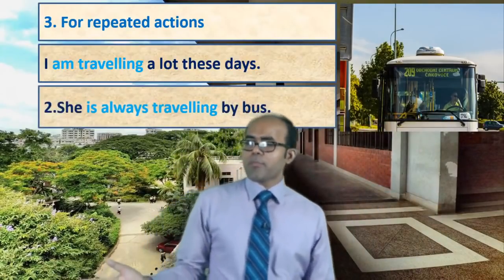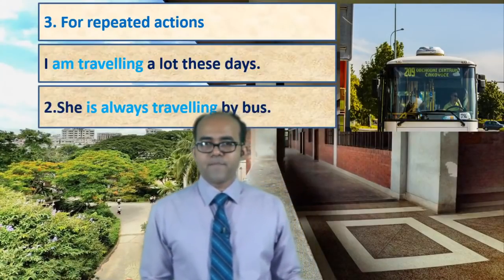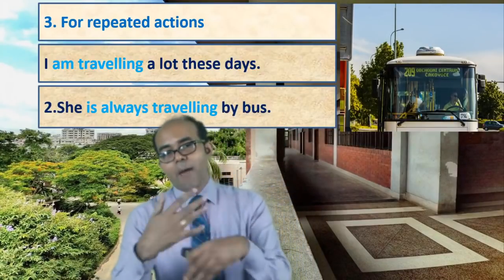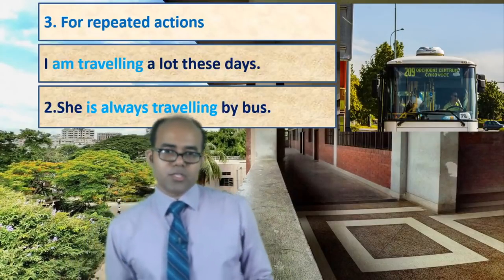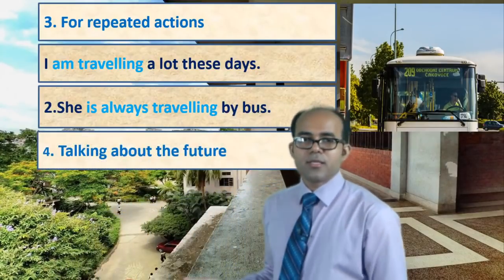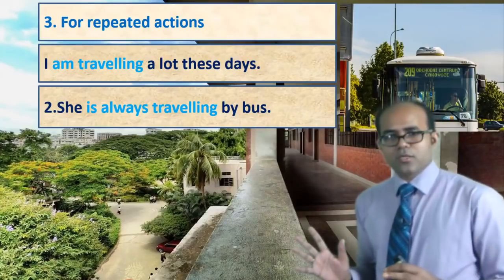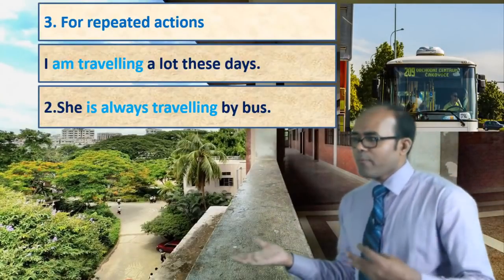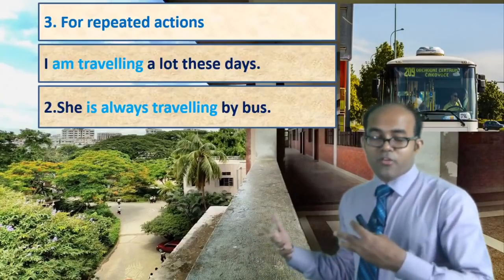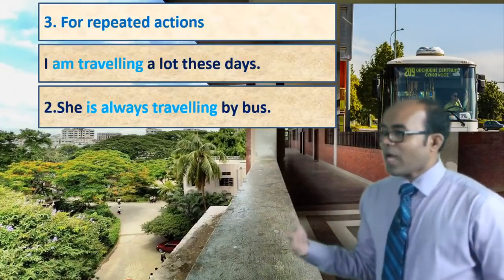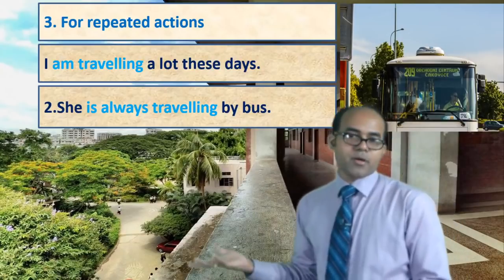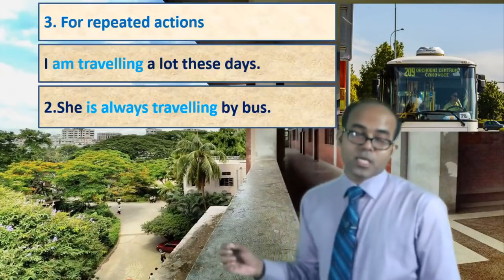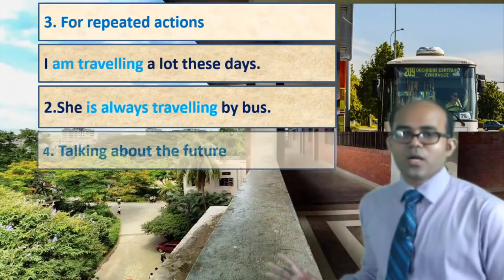She's always traveling by bus. This is happening regularly, happening all the time, repeatedly. So remember the context: repeated action. যে কাজ বারবার হচ্ছে, we can use it. তুমি বলতে পারো আমি ইদানিং বারবার ভুলে যাচ্ছি, I am forgetting my things every day. মানে বারবার ঘটছে এটা, সেক্ষেত্রে আমরা present continuous tense ব্যবহার করতে পারবো। Okay.